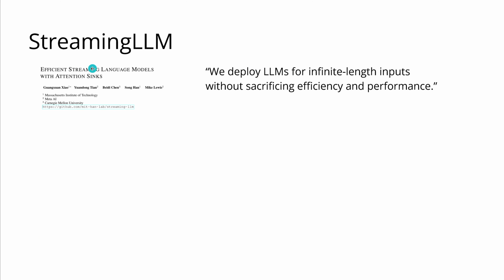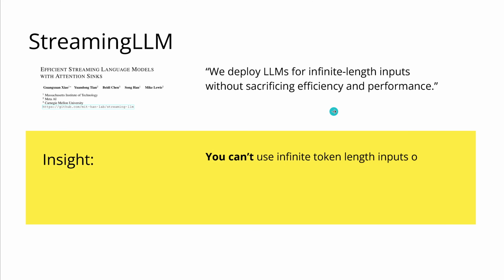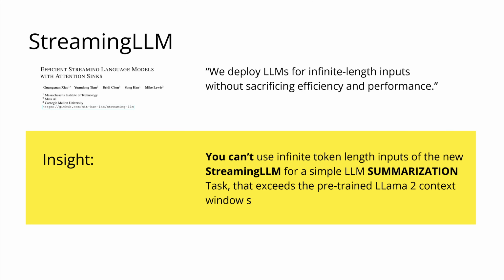So here we have it now, the official streaming LLM by MIT, by Meta AI and Carnegie Mellon that says, hey, we deploy LLMs for infinite length inputs without sacrificing efficiency and performance. Now, let's say this is in the research publication, the part where I would say this is the marketing part of this research publication. And we just found out the insights that you are specific.